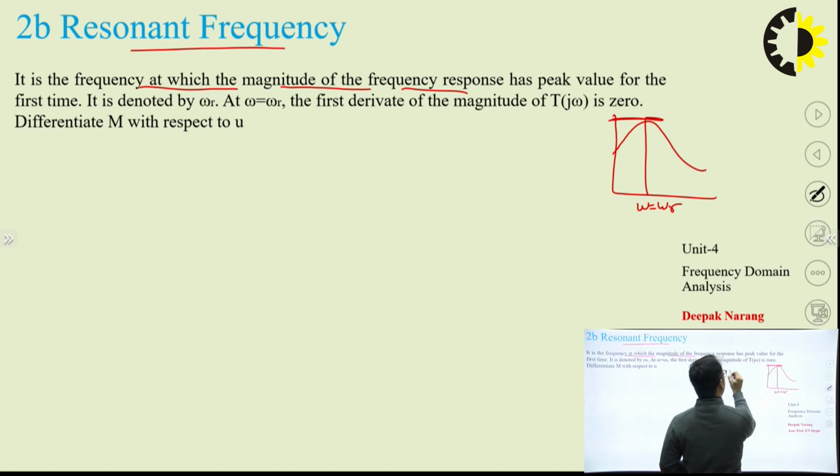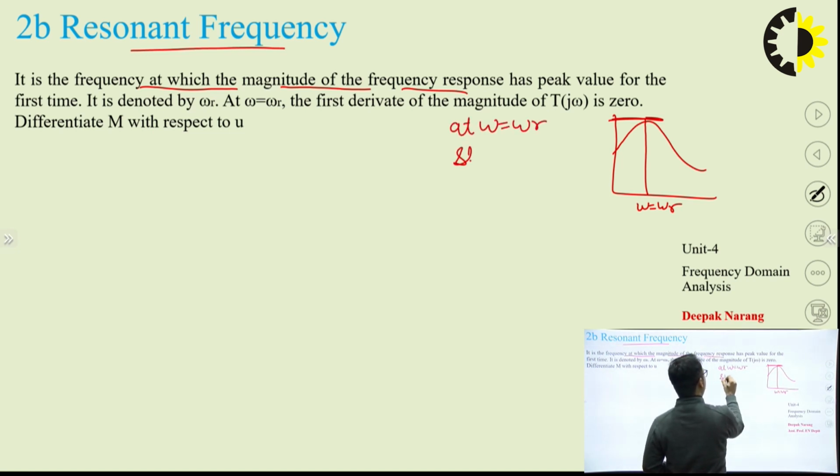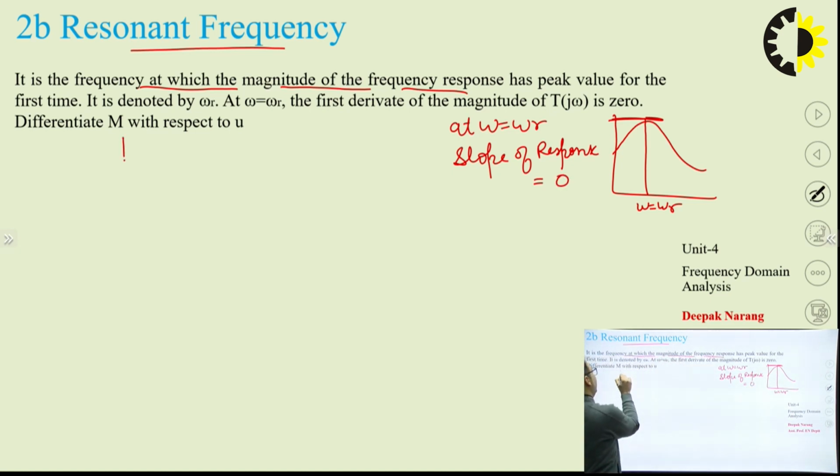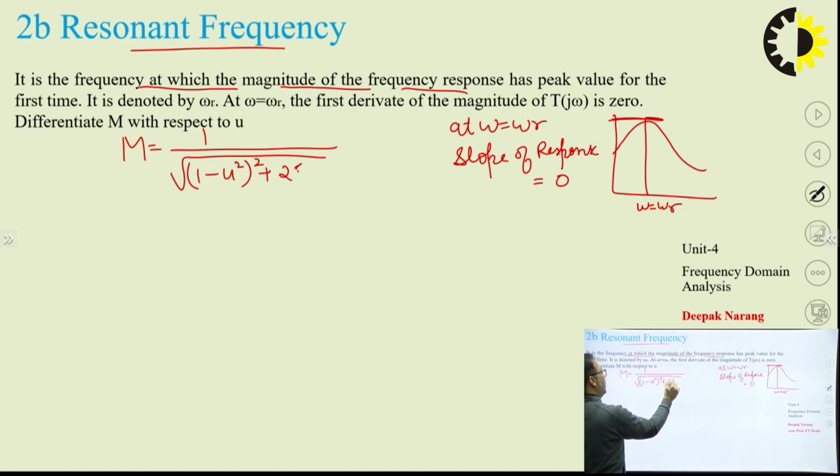And at omega equal to omega r, the slope of response is equal to 0. We have obtained M equal to 1 upon 1 minus u square whole square plus 2 zeta u whole square.